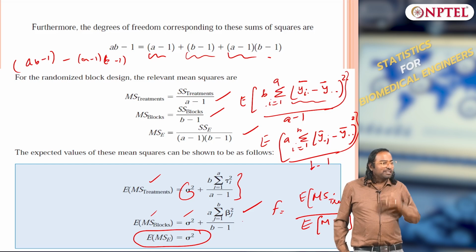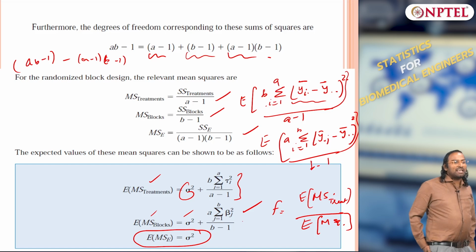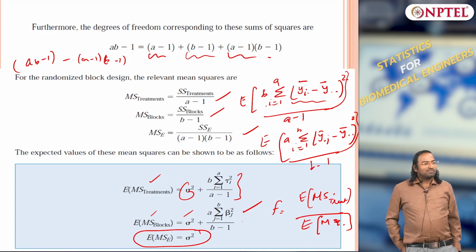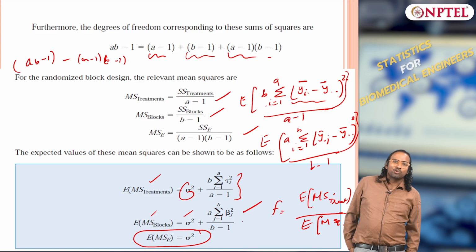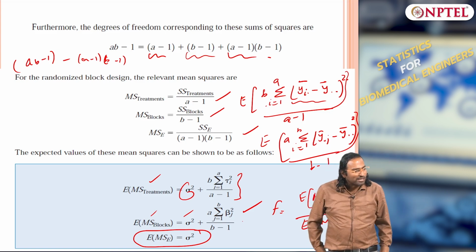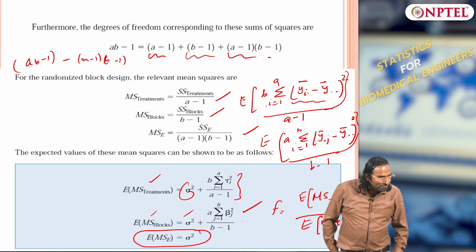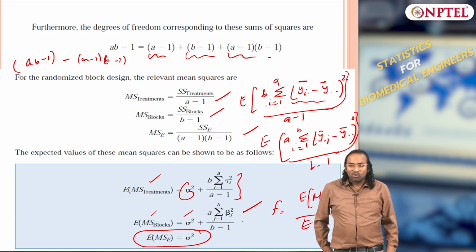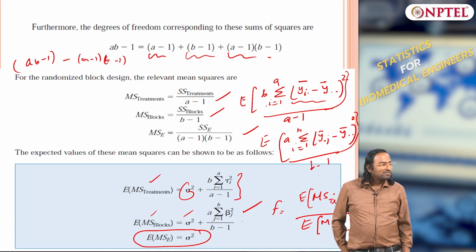But what is of interest to me? But how will you identify every time which is the nuisance factor and which is the treatment? Treatment is something of interest which is under your control. When you do an experiment, you should know what is the variable you are controlling. Treatment by definition means what? It is the input which you have under control. If I am treating a disease using a drug, what is it you have under control?